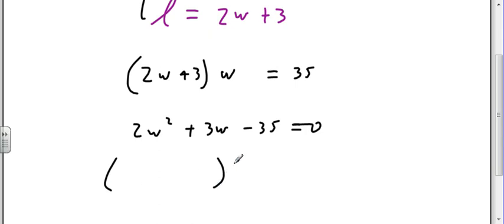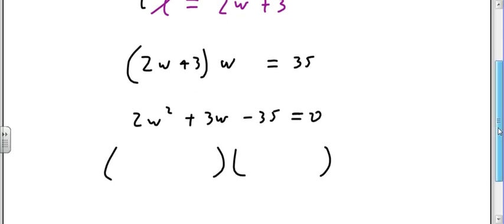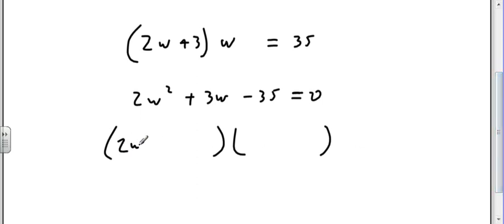And then I'd probably factor it, because I'd expect whole numbers. This is just number 3, so I wouldn't expect any fractions or anything. 2W, 7 times 5, right? So if I had minus 7 plus 5, that would give me minus 35, and 10 minus 7 gives me the 3W.